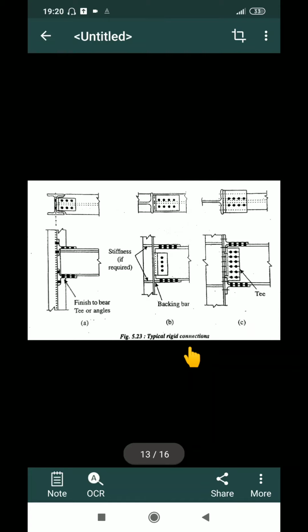Next one is a rigid connection. In rigid connection, a column and a beam are so strongly connected that a beam is not allowed to move in any direction. So you can see the first type here.